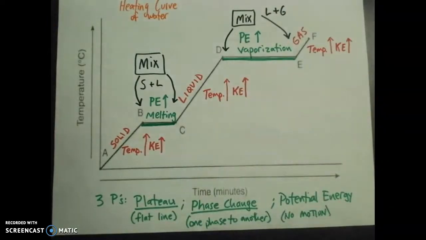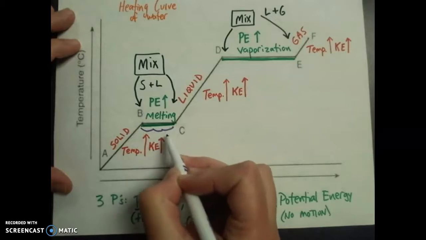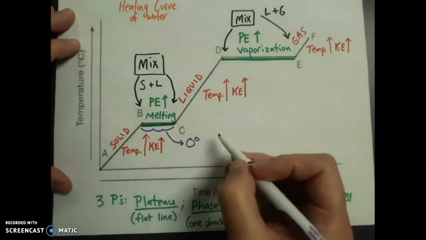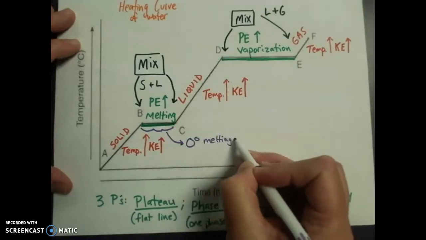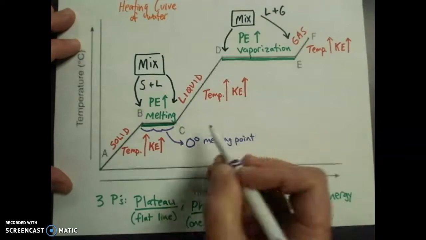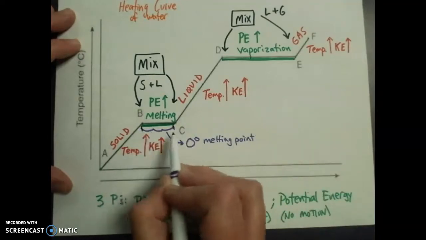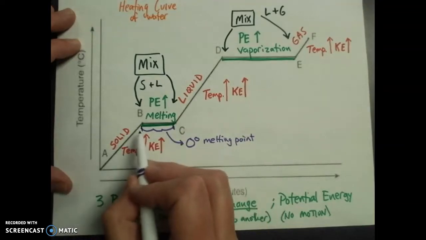And the last thing I want to point out is about temperature. This area here is 0 degrees. That is the melting point. From here to here, from B to C, is a 0 temperature with no change.